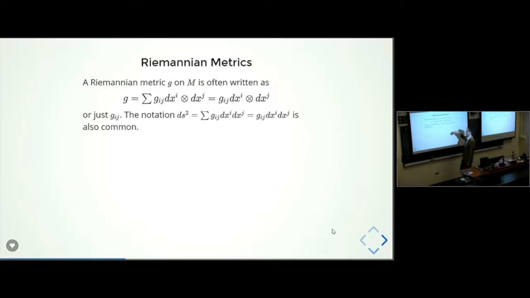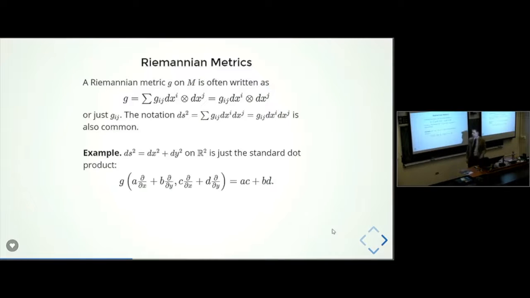And then there's this really old notation where ds is supposed to be the length element, like an arc length element in line integrals. So ds squared is g_ij dx^i dx^j. Again, this is just notation. Sometimes you'll see g written just as g_ij, and that actually means the full tensor, not the particular coefficient, but such is life.